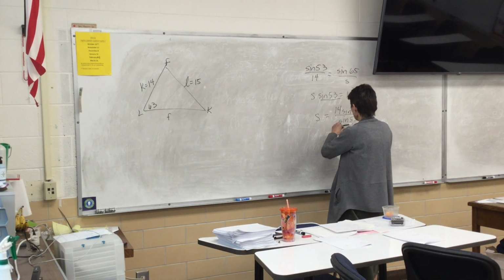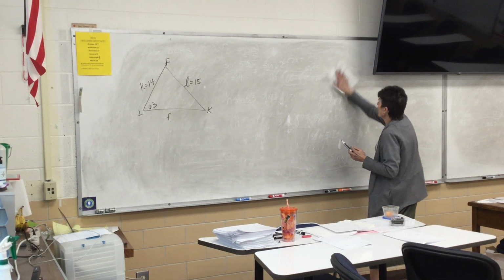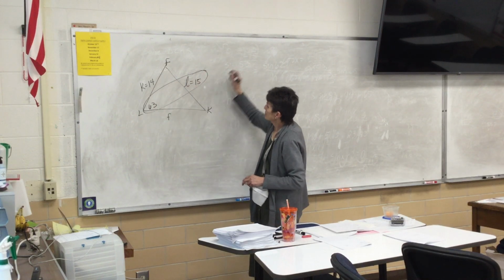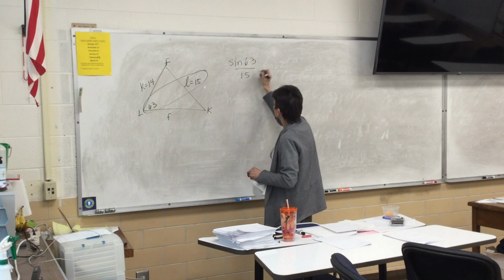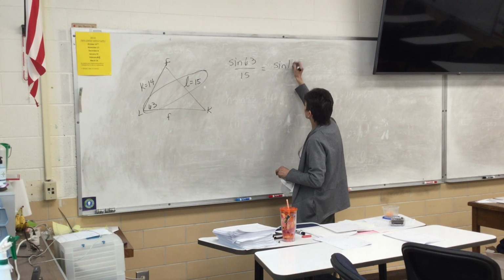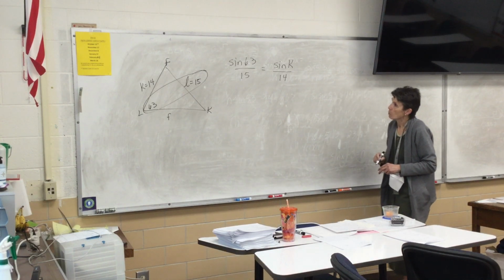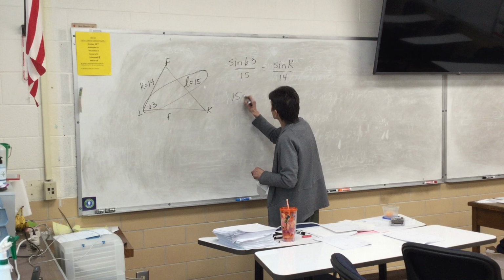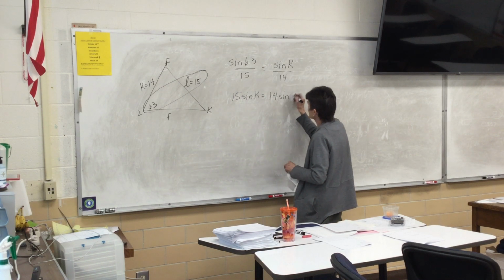Well, listen, you guys. When you look at this, you should see exactly what you saw in the last problem. You should see this right here. So sine 63 over 15 equals sine k over 14. So 15 sine k equals 14 sine 63.